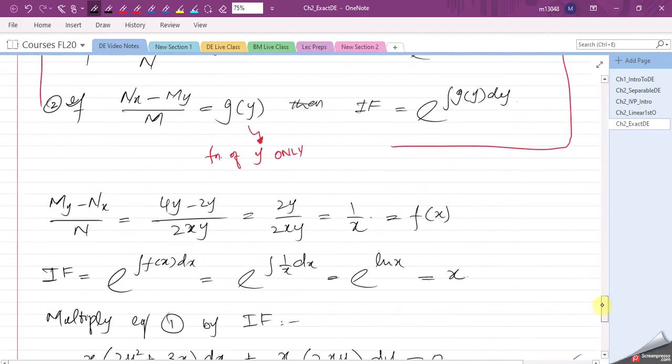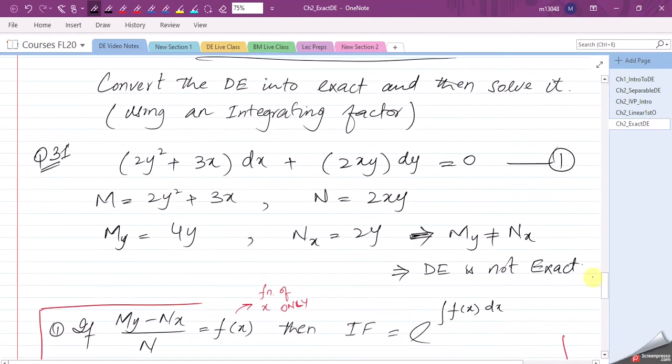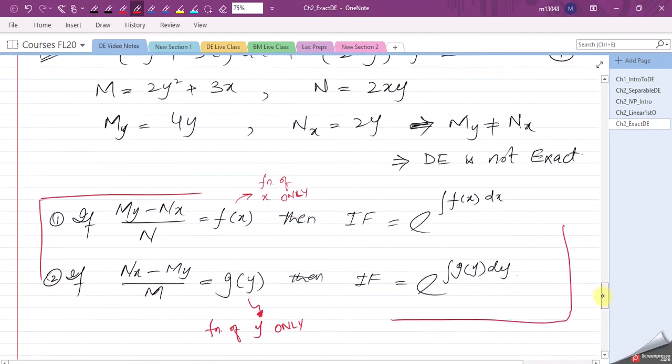Right, let's have another look. So the question says convert this into exact and then solve. That is an important point to note. We are given an equation which is not exact, but then there are two possibilities.